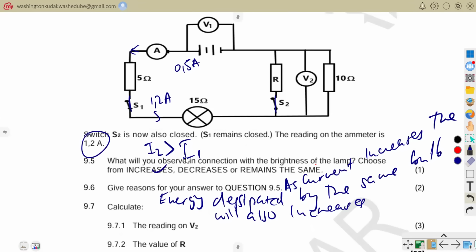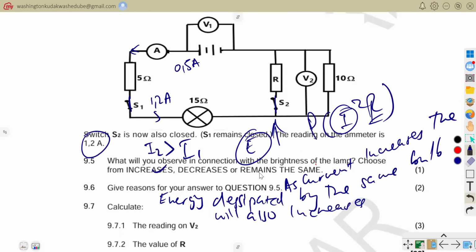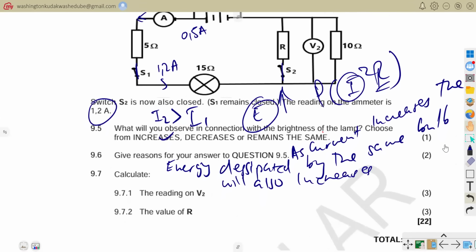So here, as the current increases, the energy that would be dissipated would also increase. Or else the power dissipated, which is given by I squared R, where R is remaining the same and I is increasing, would also increase.